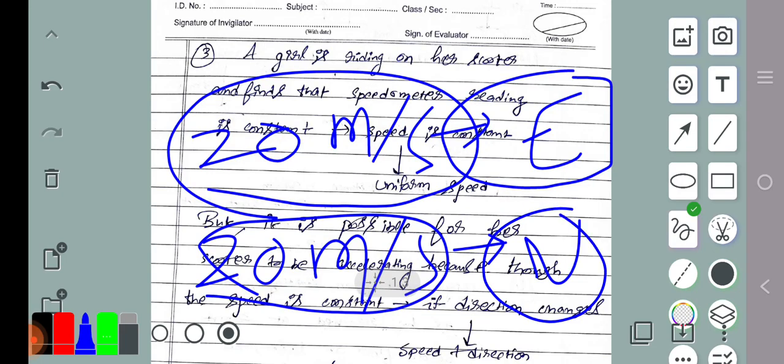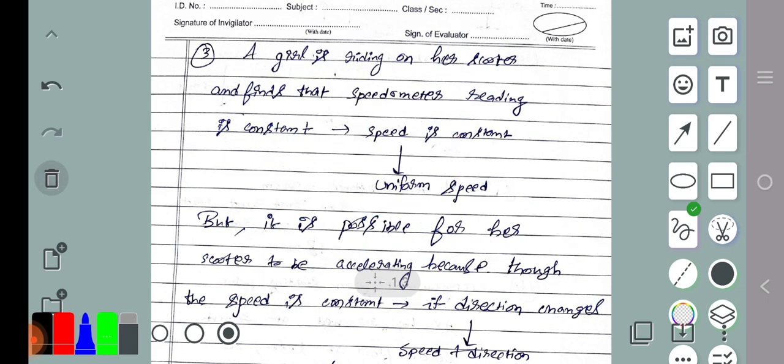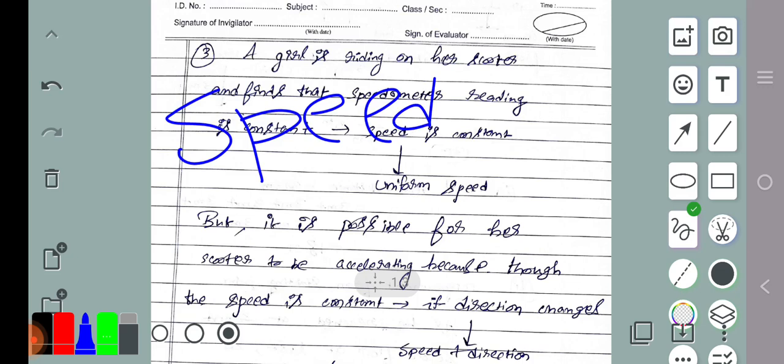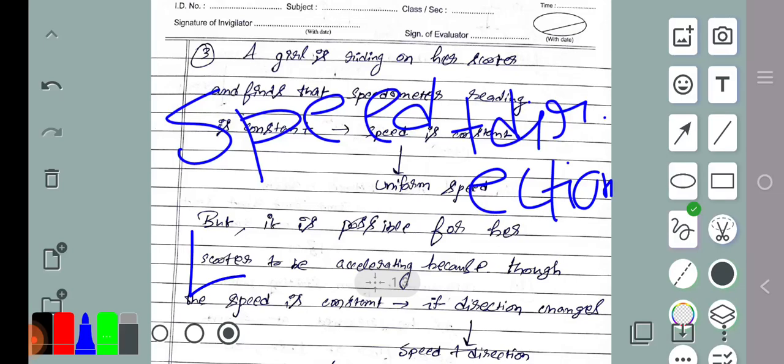The speedometer shows the speed is the same at every moment, but the direction is changing. Now you will say, sir, so what? Speed along with direction gives us velocity.